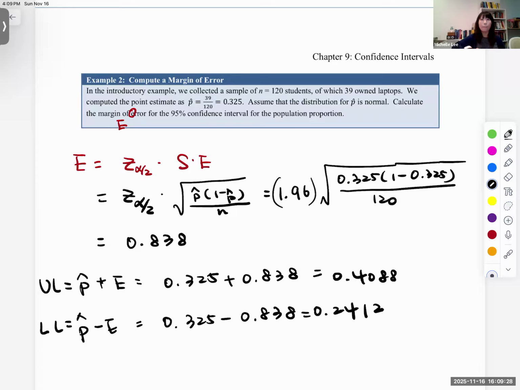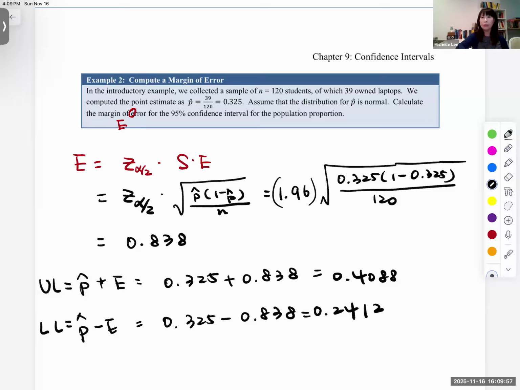Excellent. Okay. So the interpretation is based on our sample data. We are 95% confident that the true population proportion of students who own a laptop is between 0.2412 and 0.4088, or in percentage.